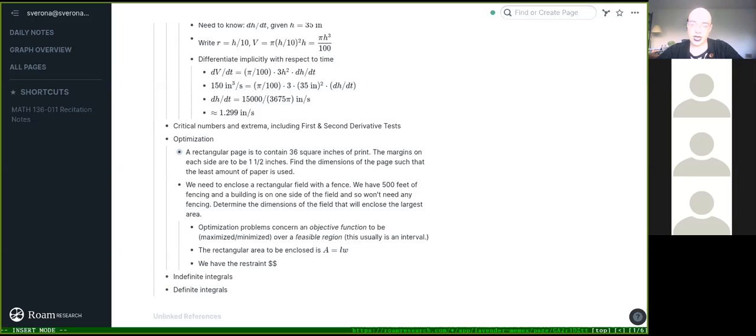I'm gonna choose that one. So now I probably want to use all of my fence that I have available. So I have 500, I want this perimeter to be equal to 500 feet, right? Because obviously if I had some fence left over, I could probably make my area bigger. Are we good so far?